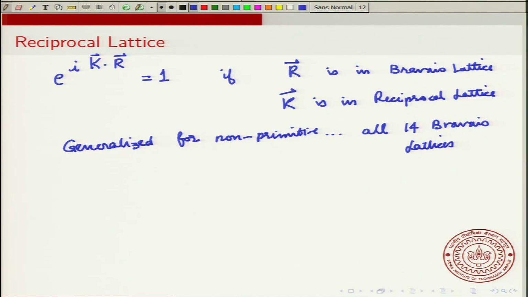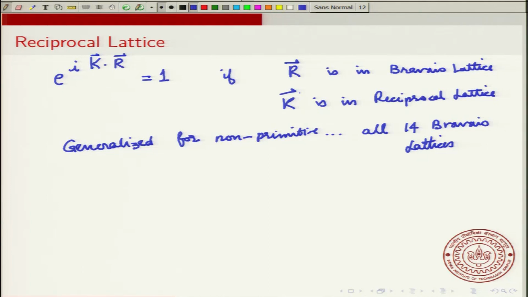Just as you have a Bragg lattice, for each of the 14 Bragg lattices you have a reciprocal lattice, which right now is just another lattice with some different parameters, and this actually turns out to be very important both in X-ray diffraction and in the band theory of solids.